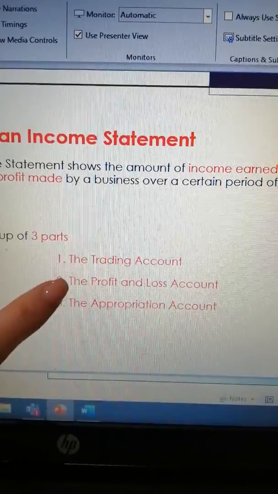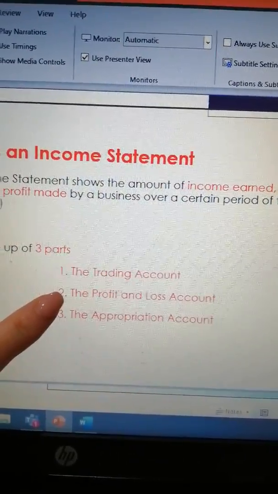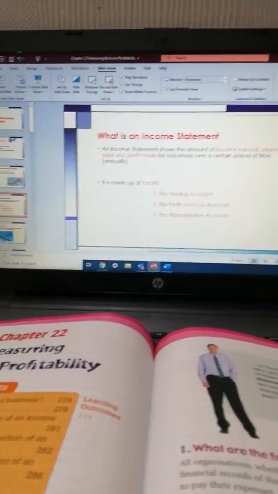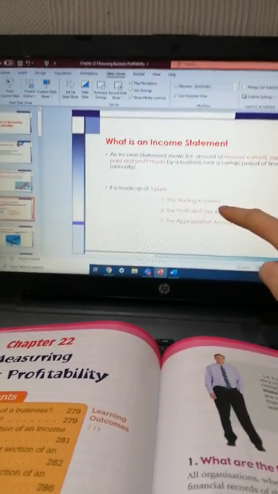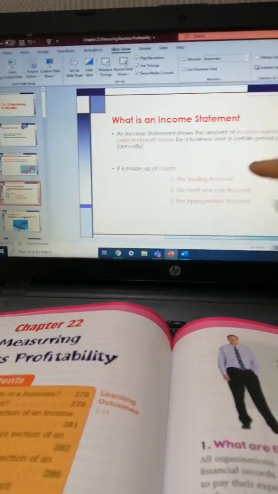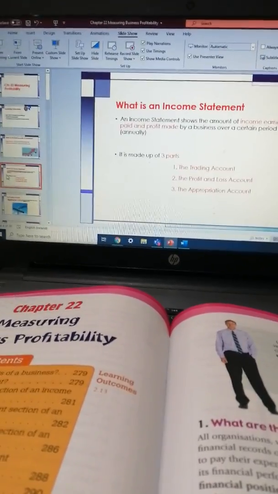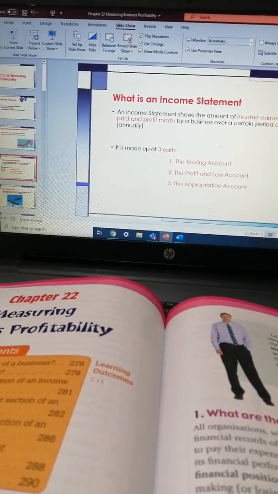So the income statement is made up again of 3 different accounts: the trading account, the profit and loss account, and the appropriation account. What we're going to do in chapter 22 is look at these 3 documents, and we're going to be able to do them out and calculate them and find out, using these 3 documents, whether the business is profitable or not.